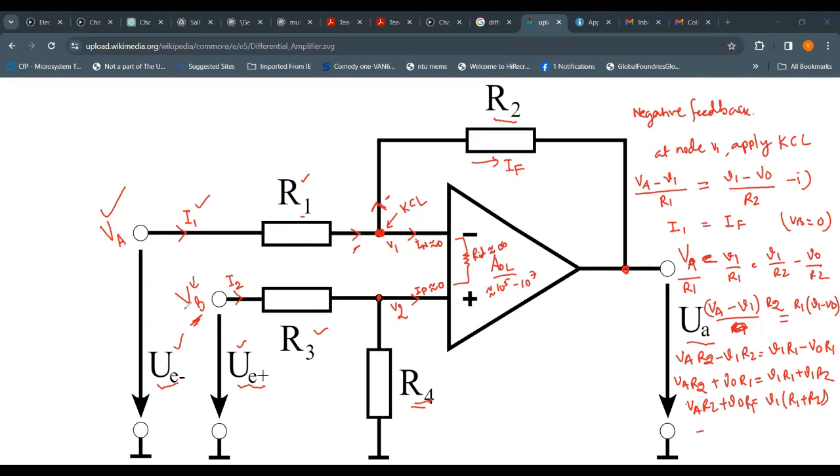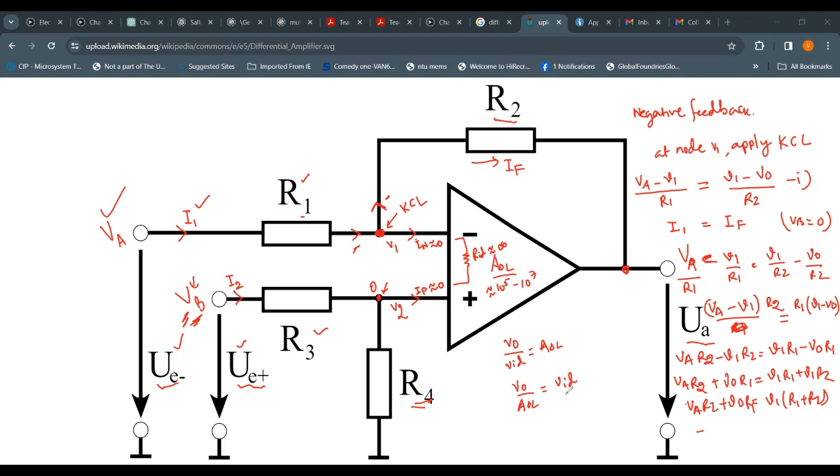So since VB is equal to 0, this node V2 is equal to 0, right? It is at the 0 potential. And we know that VO over VID is equal to the gain. And we can also write VO over the gain is equal to VID, right?